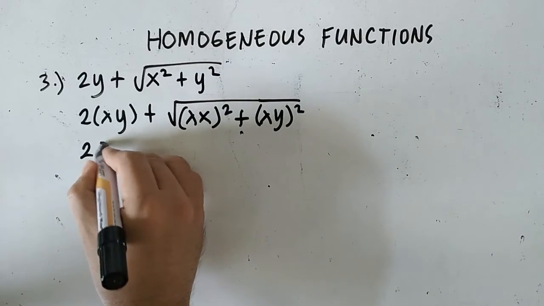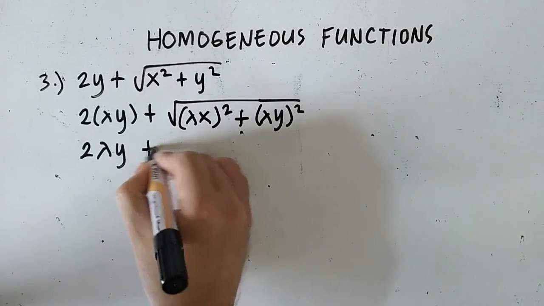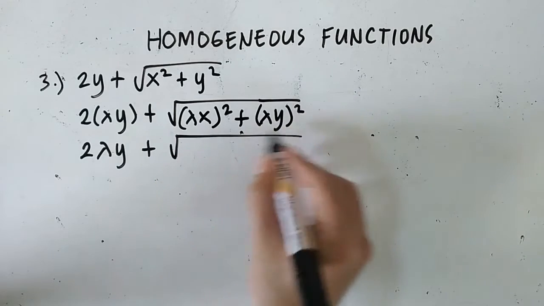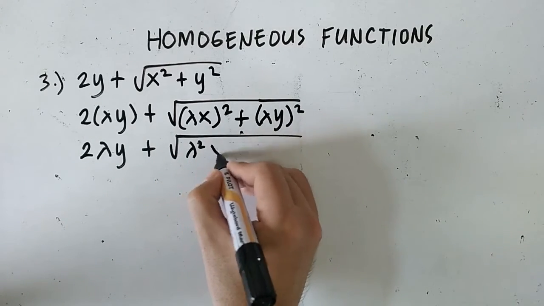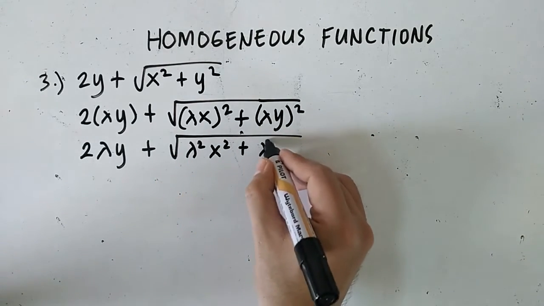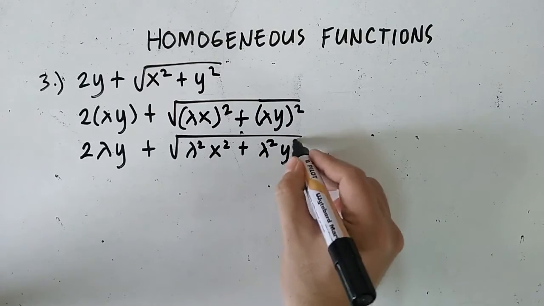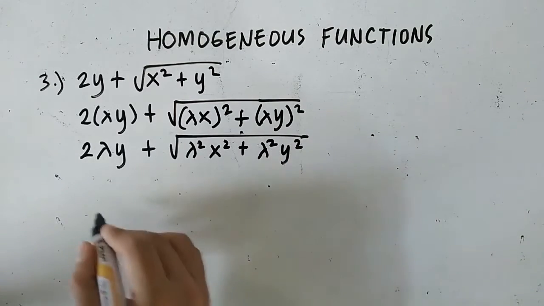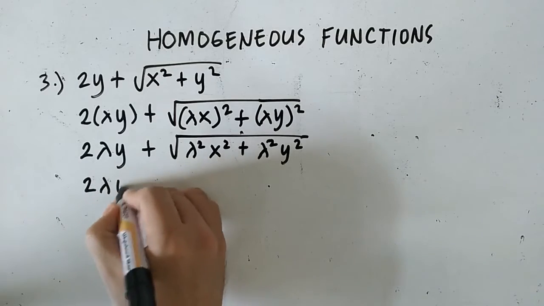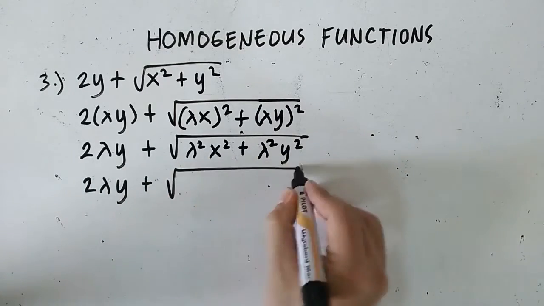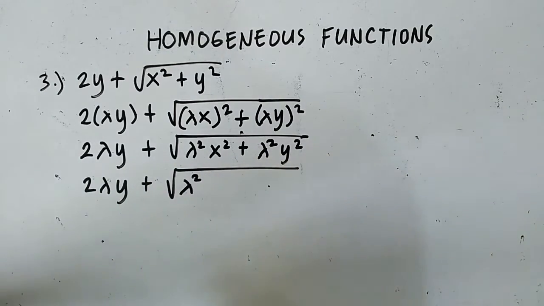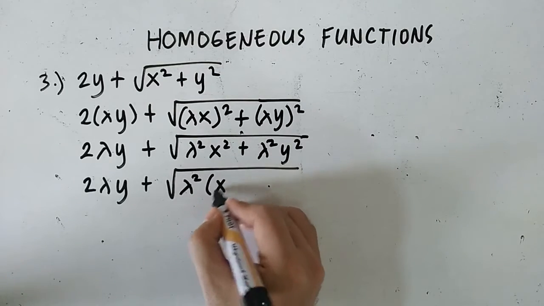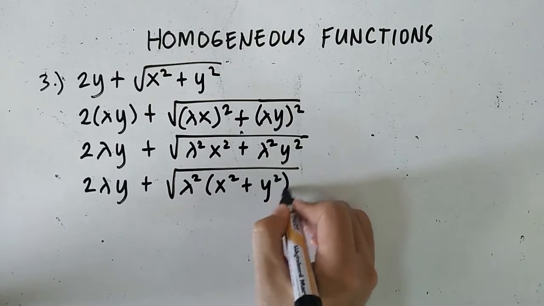So we have 2 lambda y plus, inside the radical, lambda squared x squared plus lambda squared y squared. Inside the radical, we can factor out lambda squared, and we have x squared plus y squared.